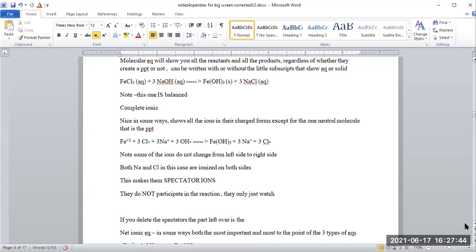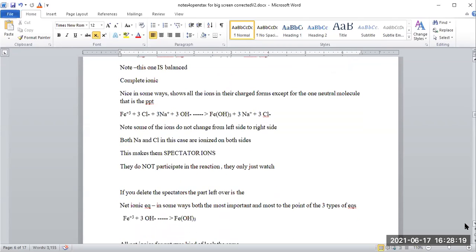Okay. So that's what's going on here in the molecule, because in this particular reaction, the sodiums and the chlorides are just hanging out, bopping around the beaker, or the test tube. They're not doing anything. They're there. They're watching, so to speak. They are not part of the actual reaction.